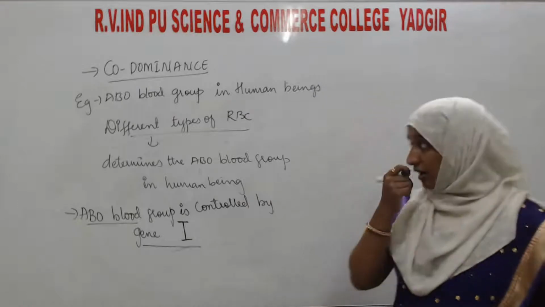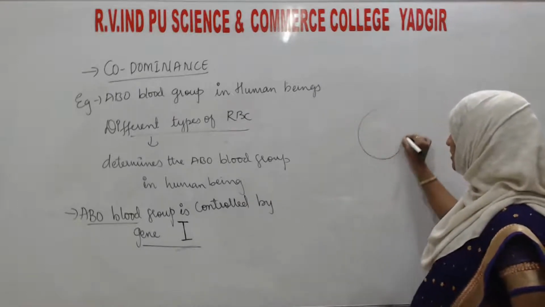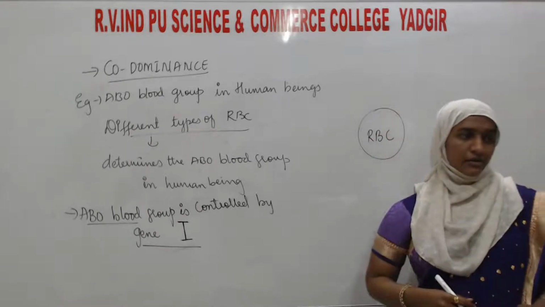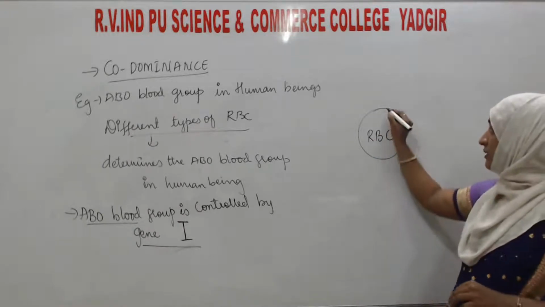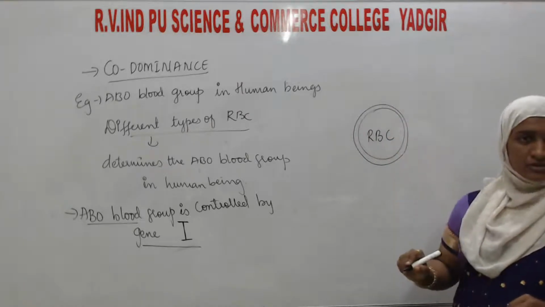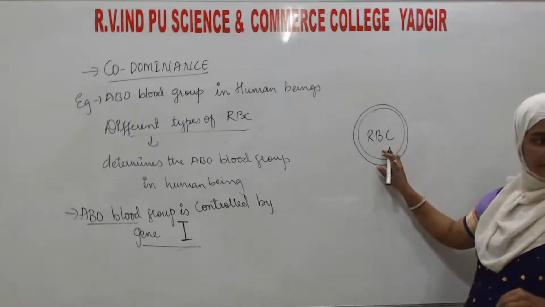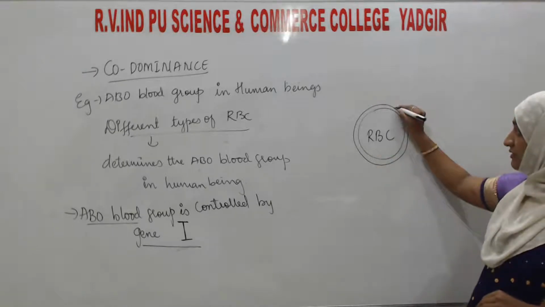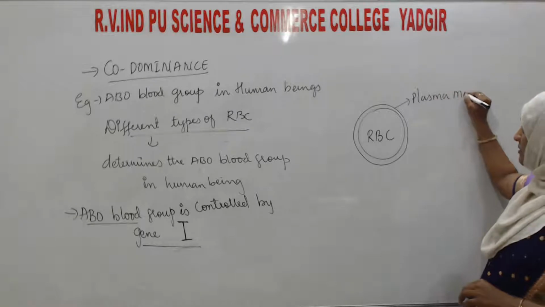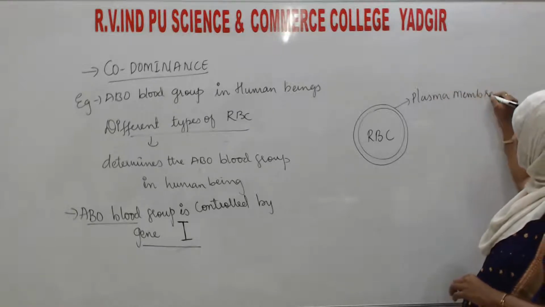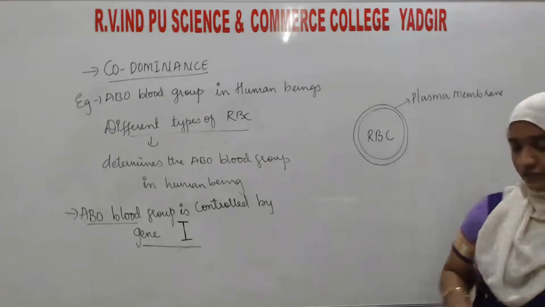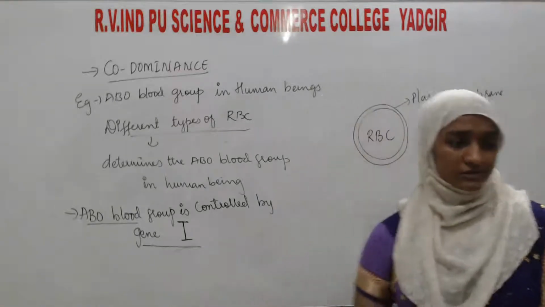See here, this is the RBC. On the RBC, there will be the presence of the plasma membrane. This is the red blood cell, this is the plasma membrane. On this plasma membrane, there will be the presence of some sugar polymers.